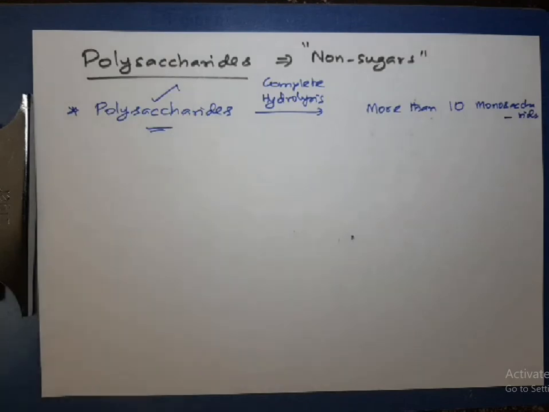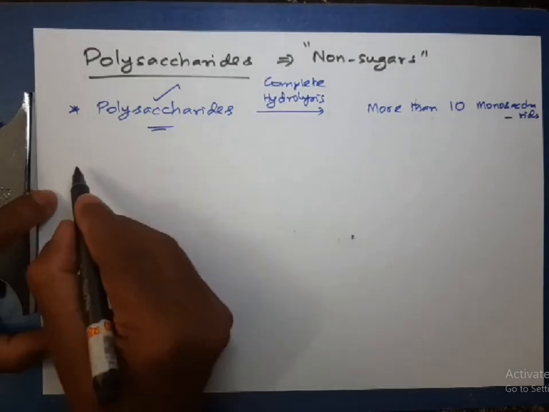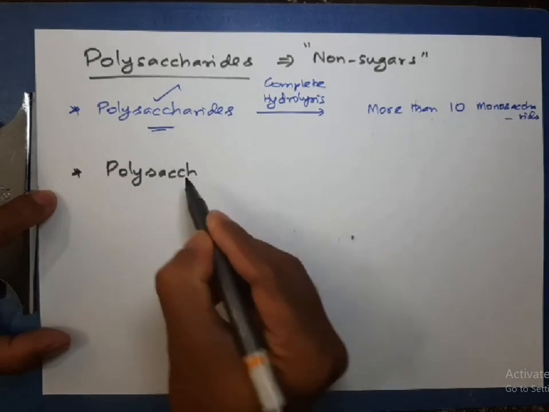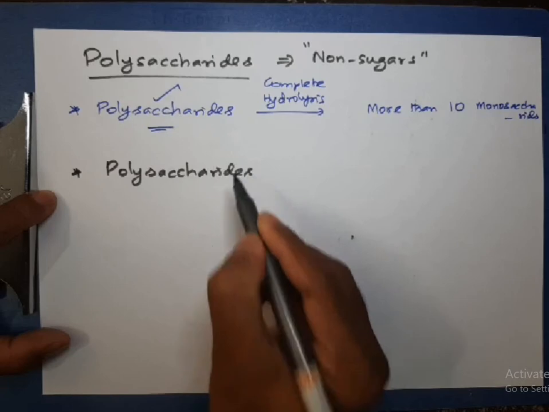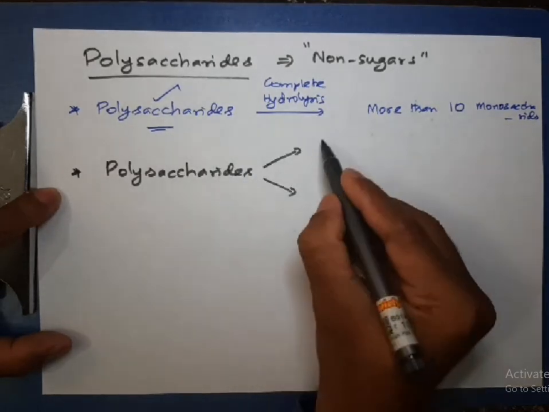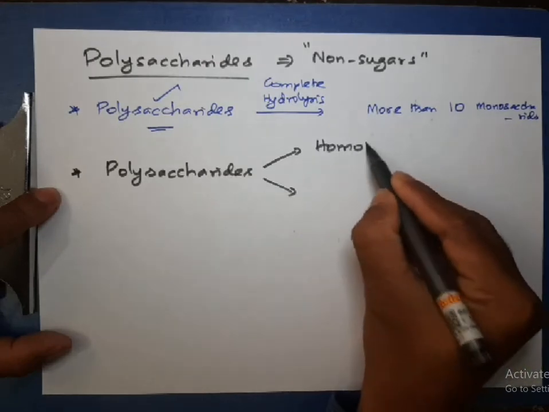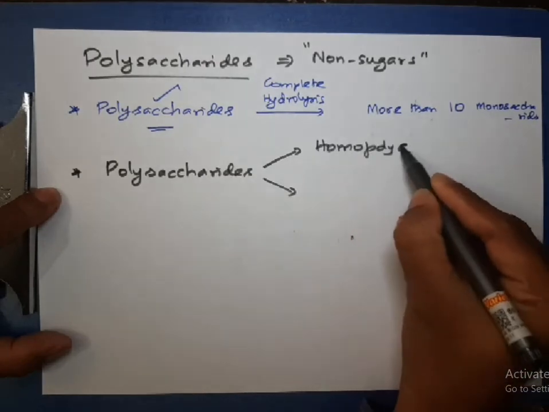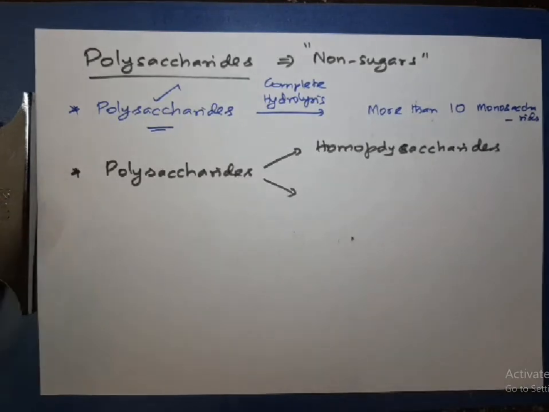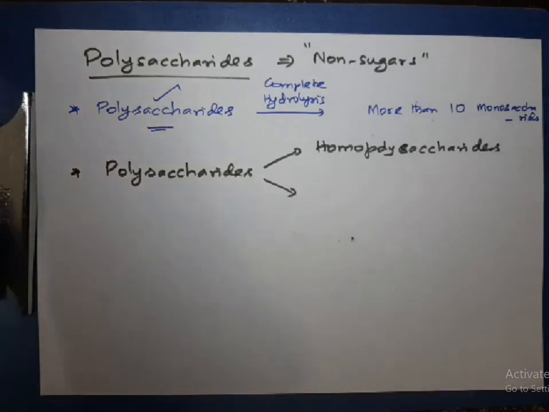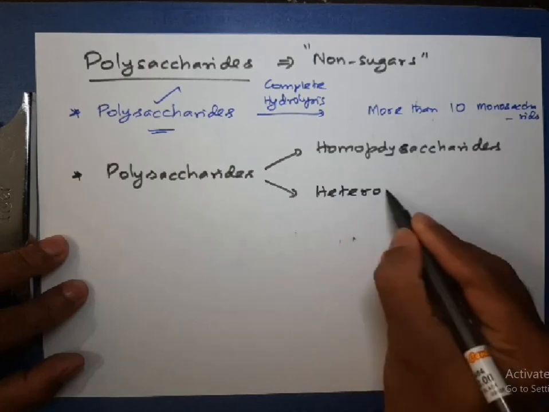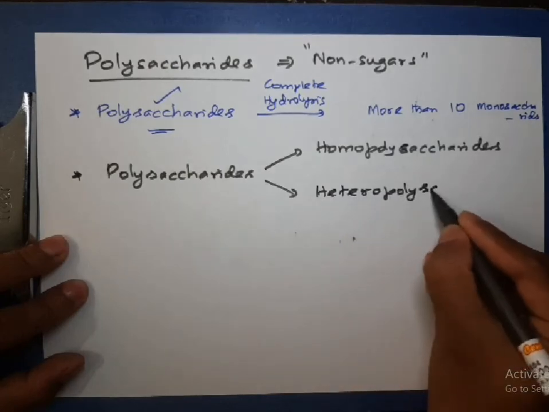Then in polysaccharides we have actually two types: homopolysaccharides and heteropolysaccharides.